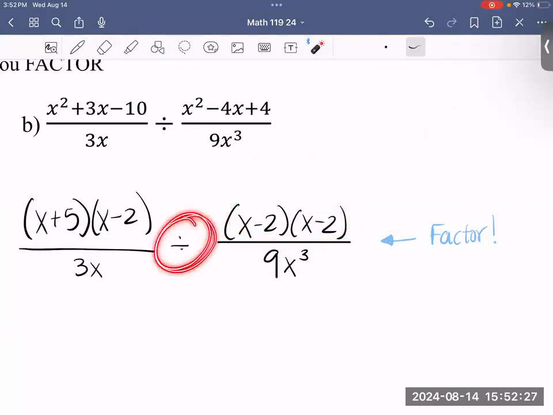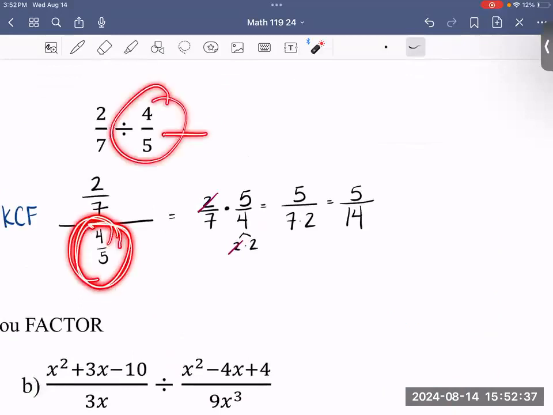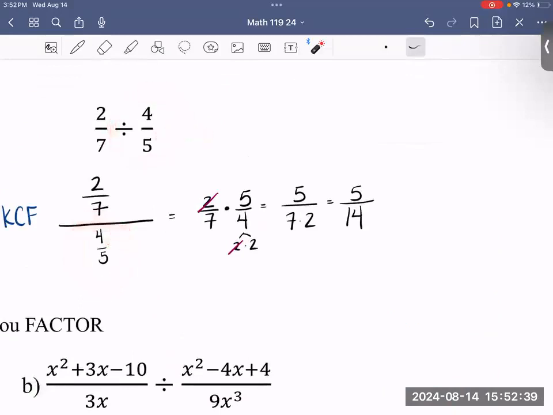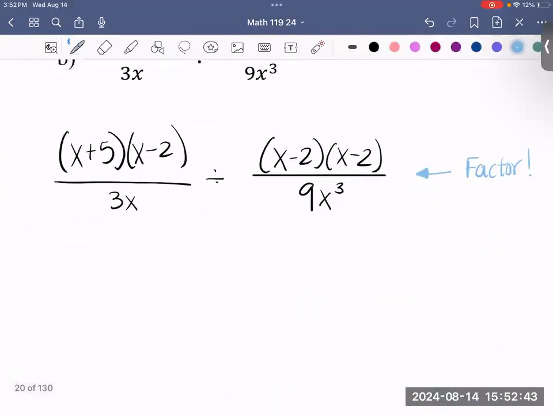So now let's take a look at this division sign. Well, what did we do from our problem just before it? With the division, we said we can rewrite it as multiplication. So we're going to flip the rightmost one, the bottom one. So flipping this upside down, we're keeping the left side the same.